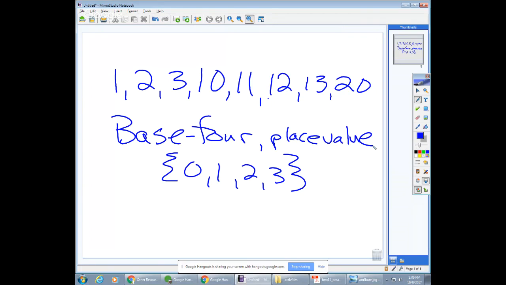So not only do we have 4 digits, but we're also grouping by 4. Groupings by 4. So once we get a group of 4, we have to jump up to the next place, which you should notice we did right here. Okay. So every number system has to have a ones place.